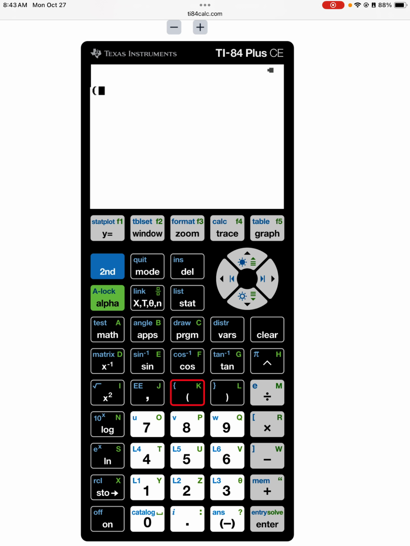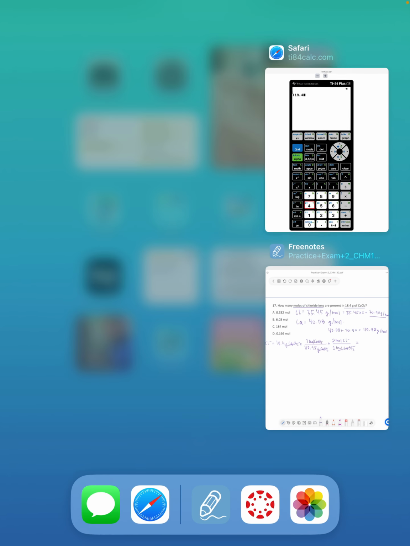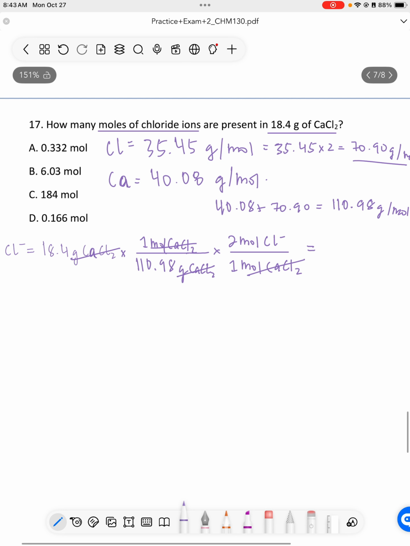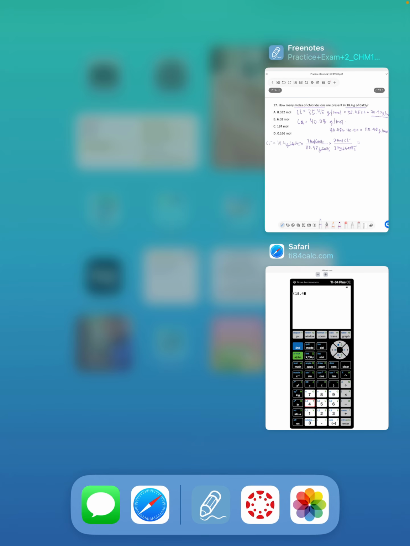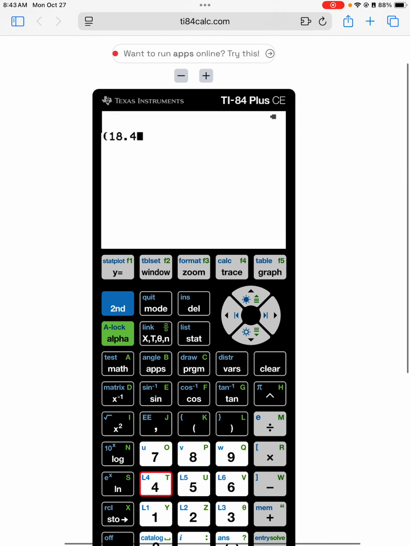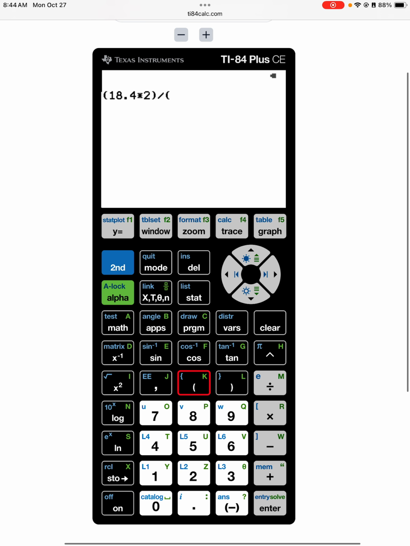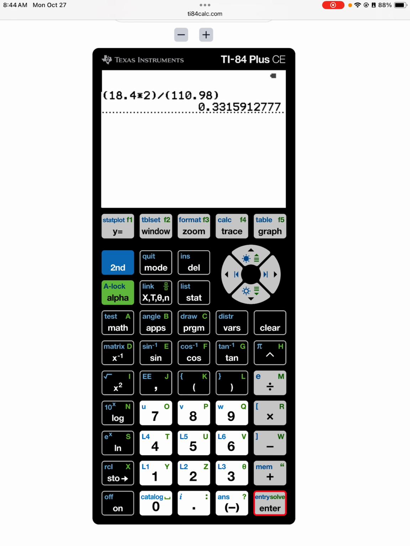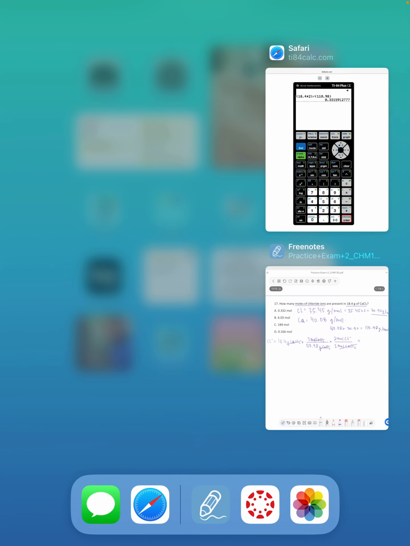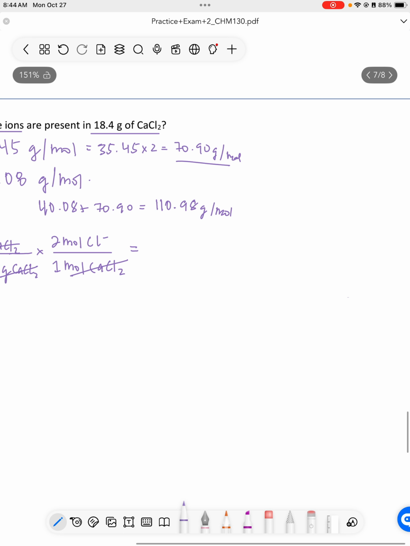That's the important part. We had 18.4 grams of calcium chloride on top, and we want to multiply that by 2. Now we're going to divide by parentheses, our molar mass. We are going to get 0.33159.